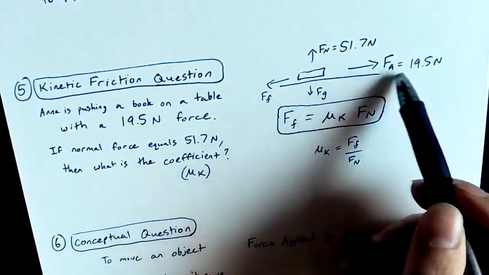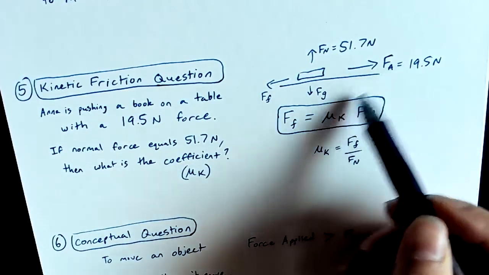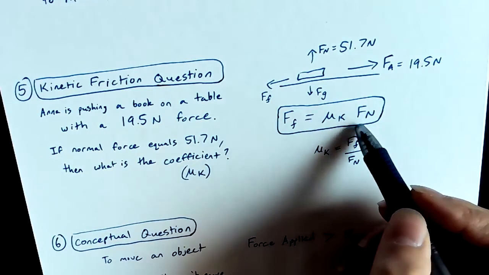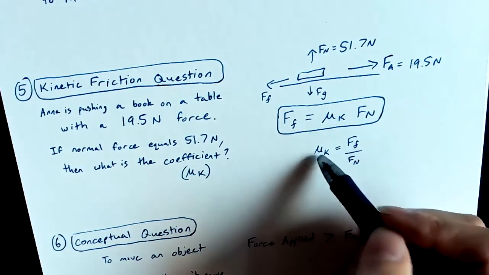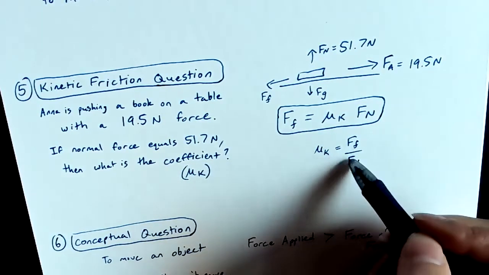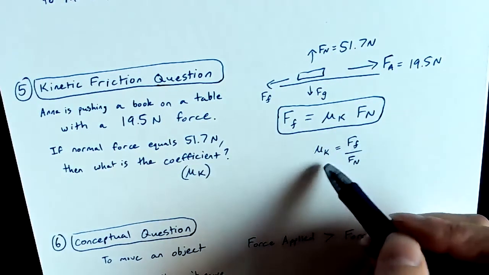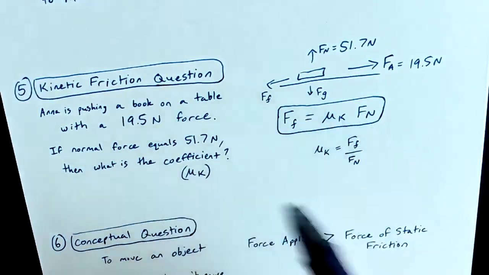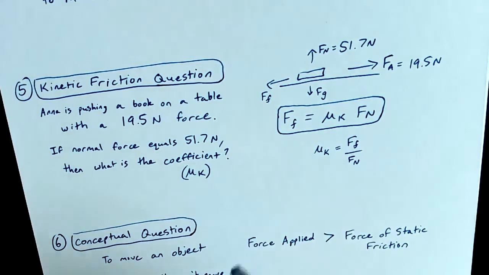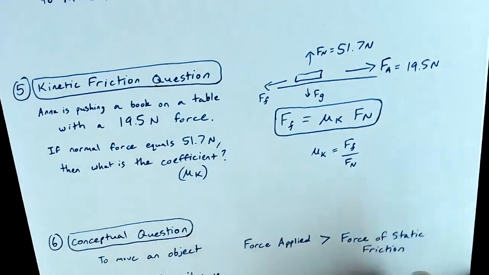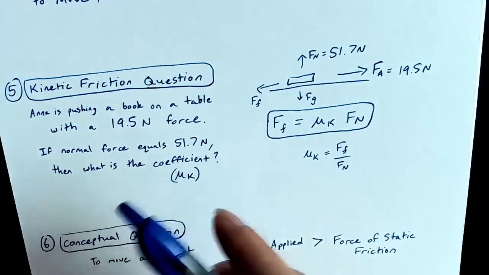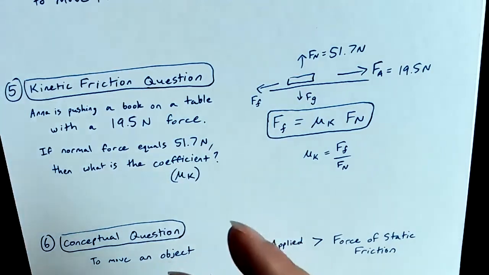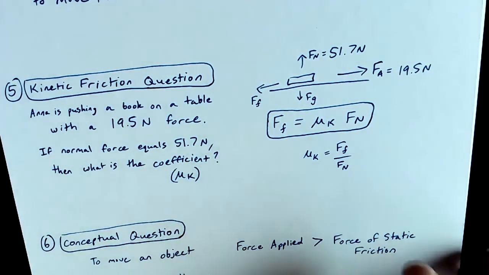That has to equal the force due to friction. You're given the normal force, so all you do is solve for the coefficient. Okay? Not too different from the static friction question. It's just because this object is already moving, this is the friction it's experiencing while moving. Okay?